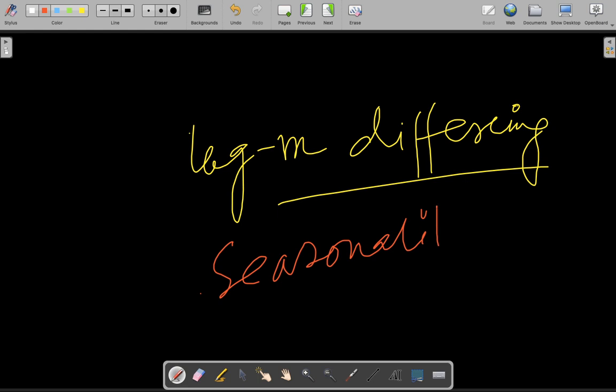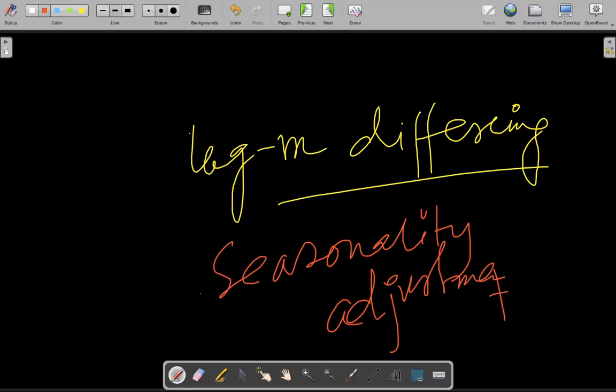We can take both lag 1 differences as well as lag M differences. We call it double differencing, and double differencing is done to remove both trend and seasonality.